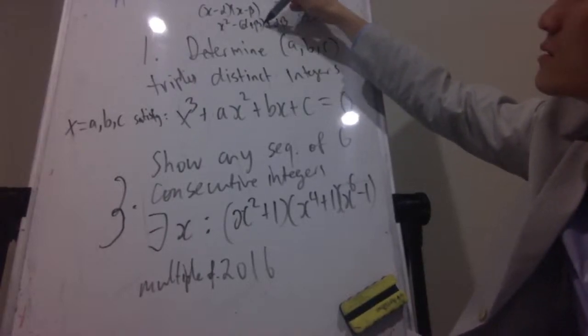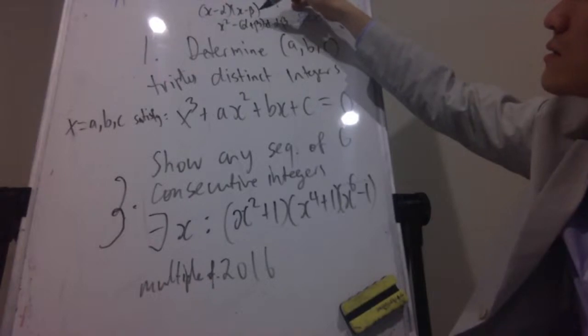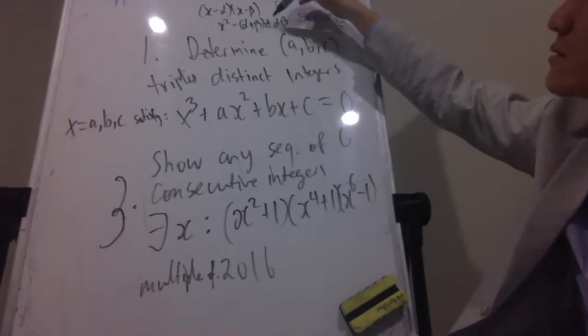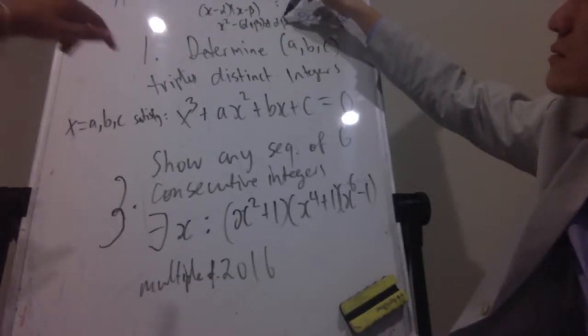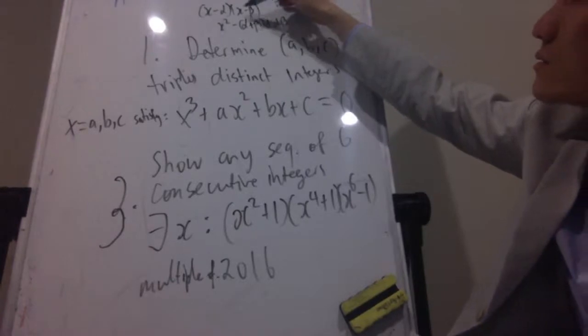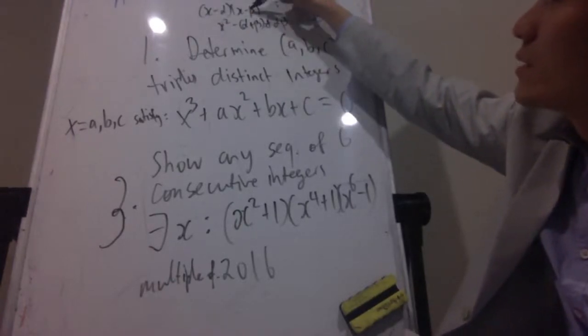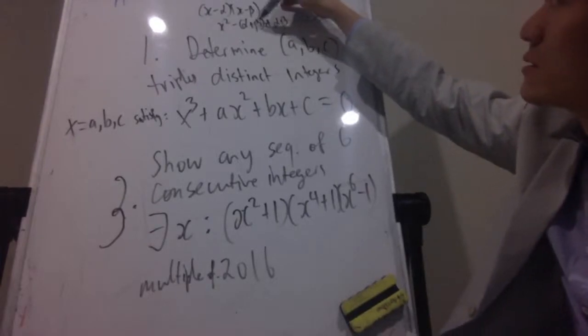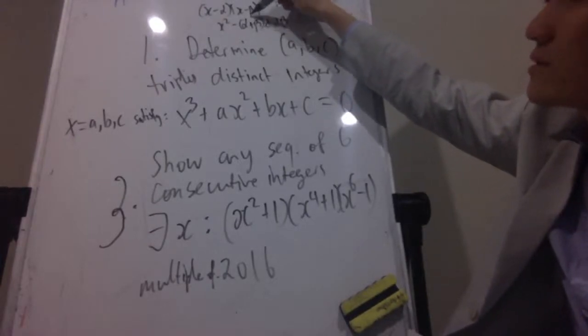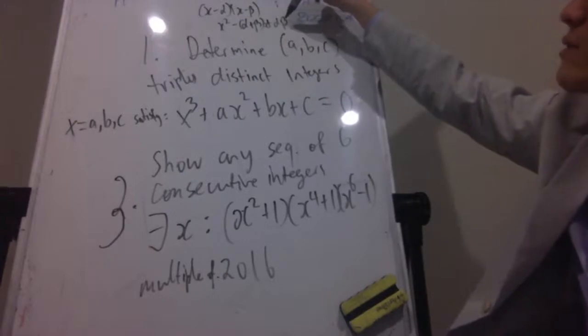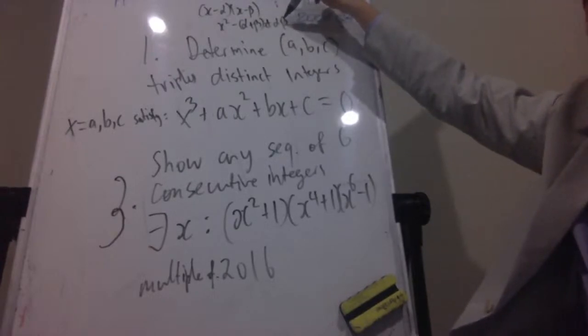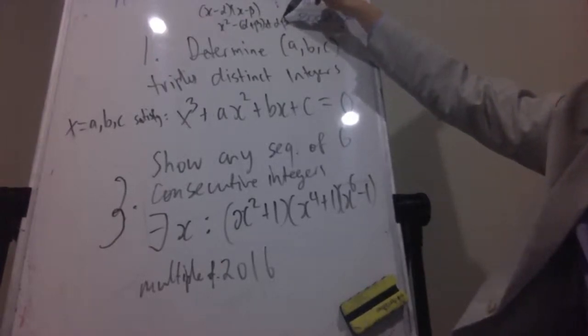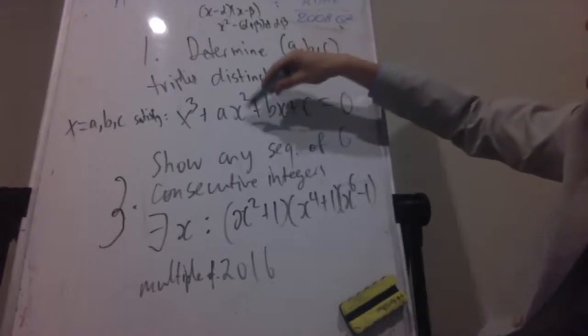Wait, how did you get minus alpha beta? I got plus alpha beta. It's x times minus beta plus minus alpha times x. Okay, so the coefficient of x is minus the sum of the roots, and the constant term is the product of the roots. So the same thing is true here.